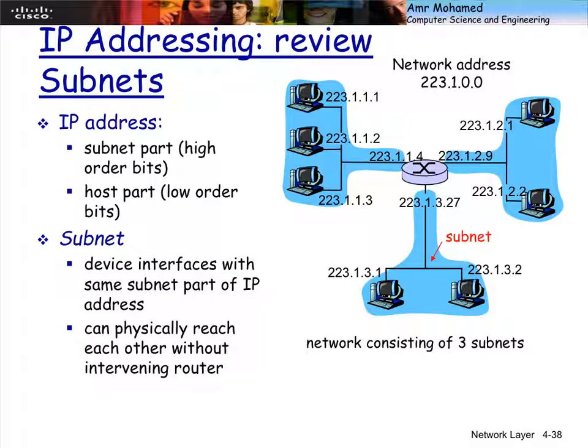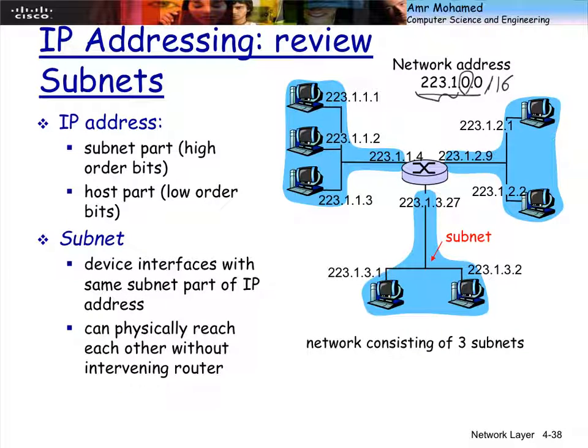Now for IP version 4, we talk about subnets, which is a topic some of you are familiar with. For subnetting, if I have a big network with this address, and the address is /16, which means those 2 bytes are for network and the rest is for host, I can take these 16 bits and divide my network into subnets.